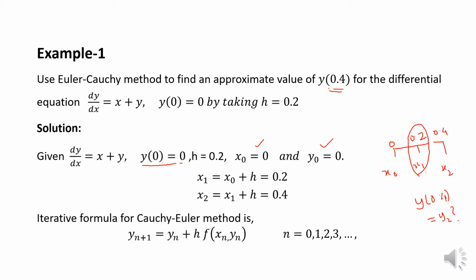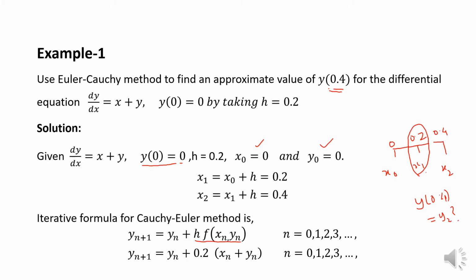Iterative formula for Cauchy-Euler method is y n plus 1 is equal to y n plus h into f of x n and y n, where n ranges from 0, 1, 2, 3 and so on. Substituting the h value in the differential equation, we will get y n plus 1 equal to y n plus 0.2 into x n plus y n, where n ranges from 0, 1, 2, 3 and so on.